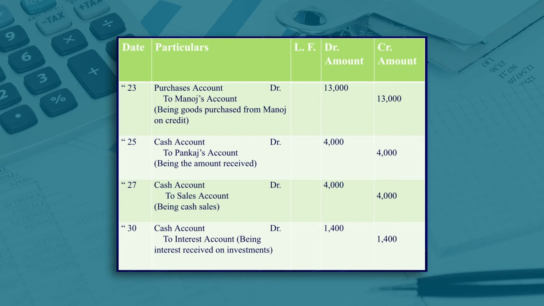Cash comes under real account and we will apply the rule of the real account, debit what comes in. On account of selling the goods, cash is coming in, therefore cash account will be debited. Sales is a revenue for the business which comes under nominal account.